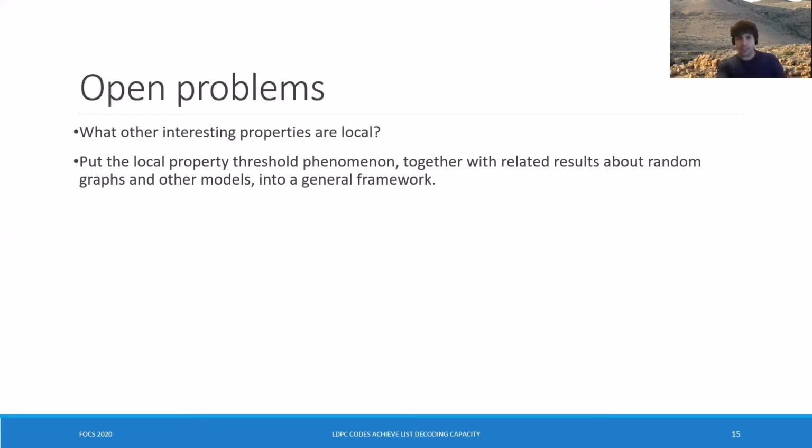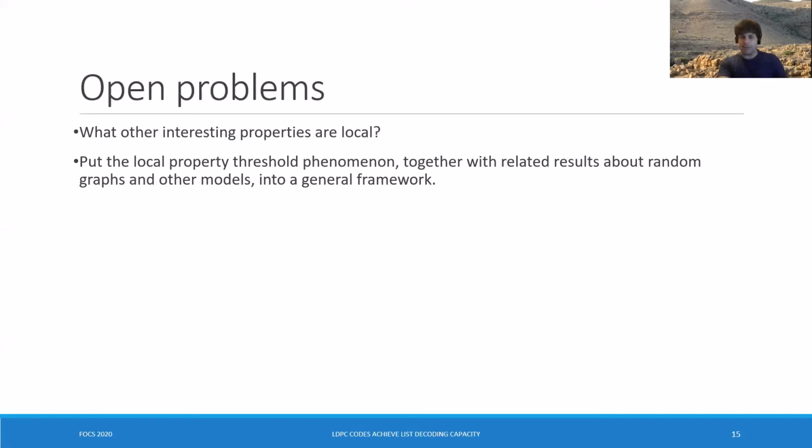Another question, also relating to local properties: the notion of a local code property is probably new to this paper as far as we know, but it has some well-studied analogs in other fields, as I mentioned, particularly graph theory. Specifically, our result about thresholds of random linear codes is really analogous to a classic theorem about random graphs.